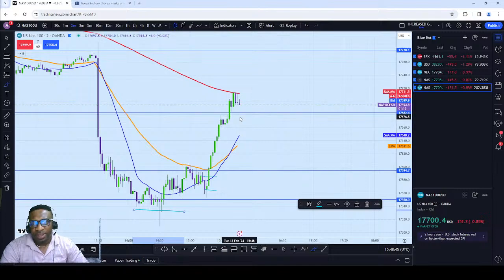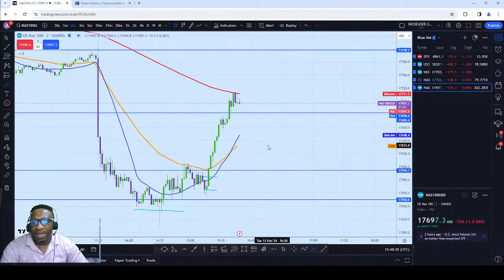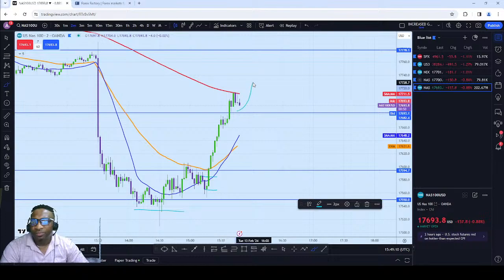Then, if it pulls back to the 20, we have the opportunity to take a buy, but preferably if we have price pulling up above the 200, and the 20 moving average also crossing above it.